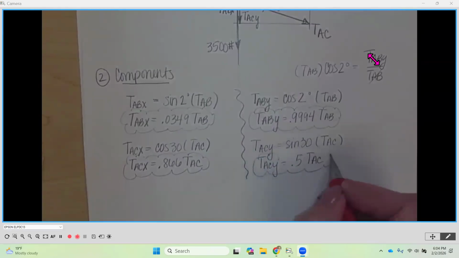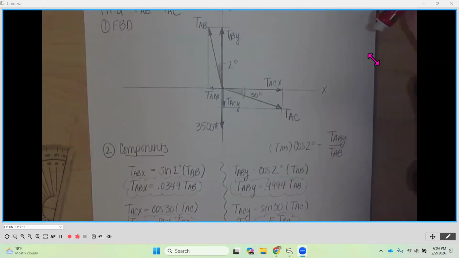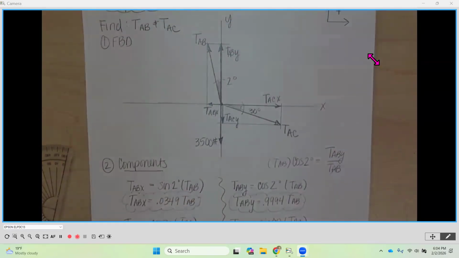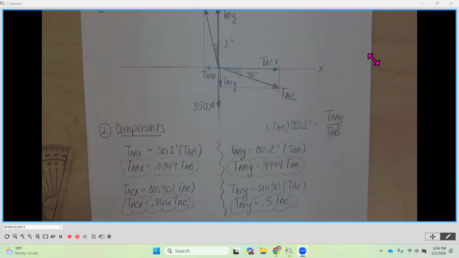There we go. Great. So as we look at our diagram then, you will notice that we now have all of our forces on the X and Y axis now. All right. Now what this allows us to do is to use those 2 equations of equilibrium and focus on the verticals and the horizontals. Okay. All right.